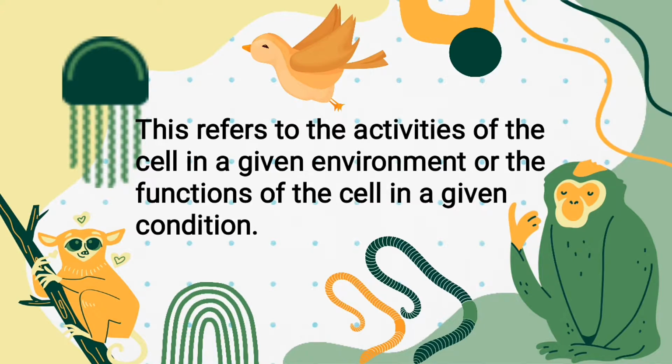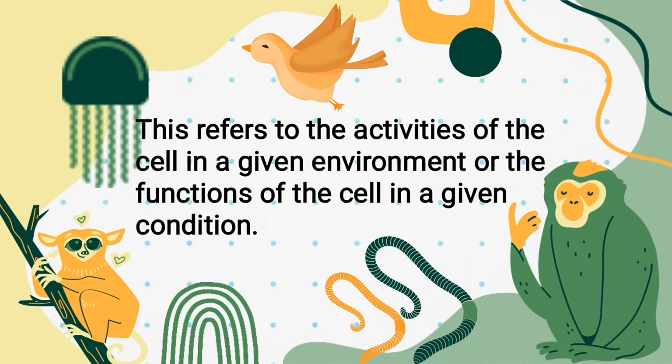So we now want to discuss the various mechanisms by which a cell can react to its environment. We have diffusion, osmosis, plasmolysis, hemolysis, turgidity, and flaccidity. But for this lesson, we shall only be limited to diffusion and osmosis.